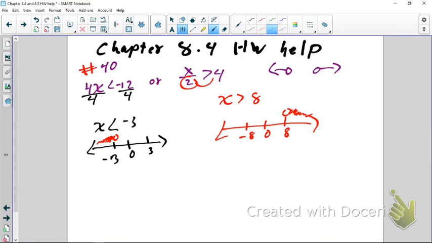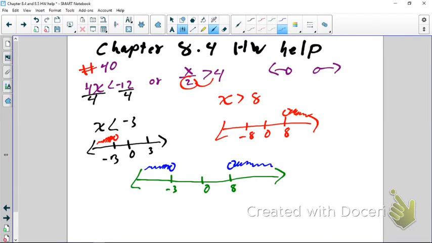So now I'm going to put these two on the same number line just to see how they look. So we'll have negative 3, we'll have 0, and then we'll have positive 8. And what I'm saying is that when it's less than negative 3, it's going to be represented in this direction. And when it's greater than 8, it's going to be represented in this direction. And it's clearly evident that between negative 3 and 8, if I choose any of those solutions, it's not going to work.